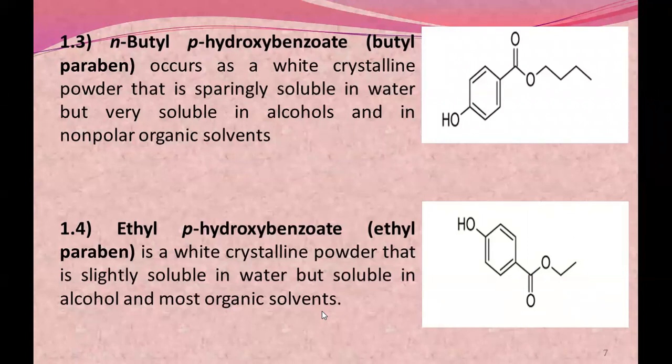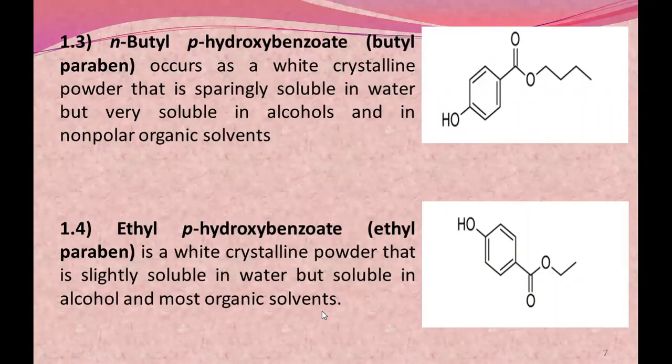Physical property, whether it is soluble in water, insoluble in organic solvent or not. Everything has been written, so you are supposed to memorize this. This is an important one. Only by writing the name will not give you maximum marks. If you write the name of that compound, draw its structure, write some physical properties, then only you should expect more and more marks in medicinal chemistry.